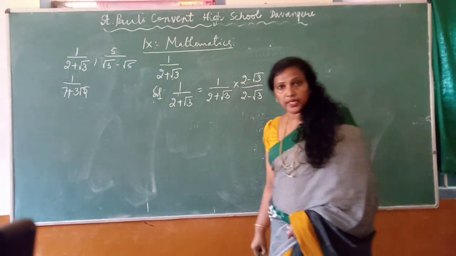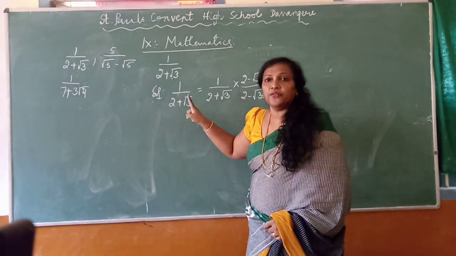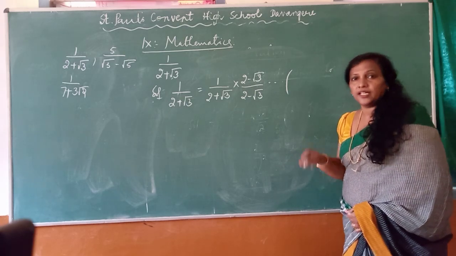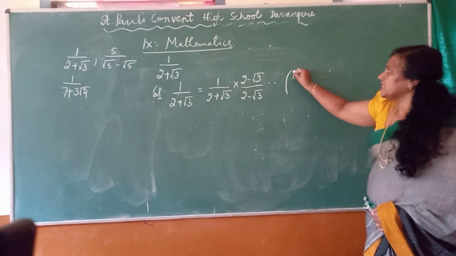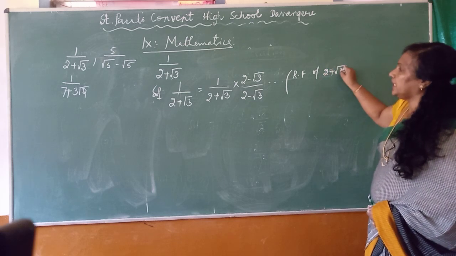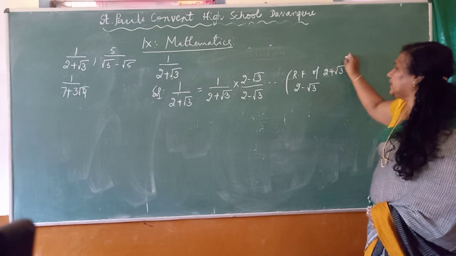What you have to do is write the rationalizing factor of 2 plus root 3. For binomials, you know you have to write the rationalizing factor. The rationalizing factor of 2 plus root 3 is 2 minus root 3.